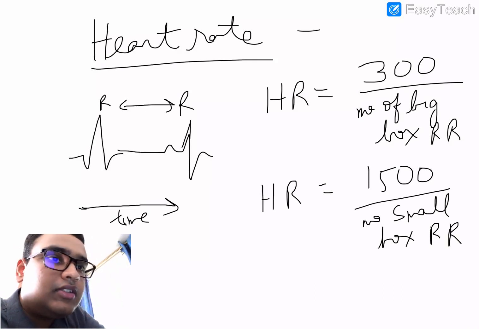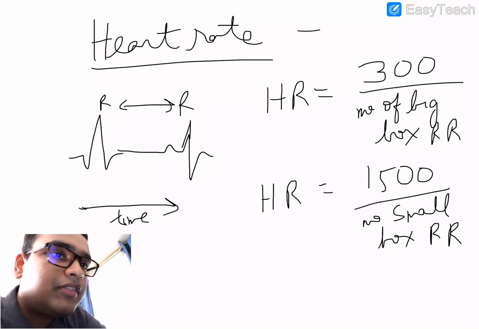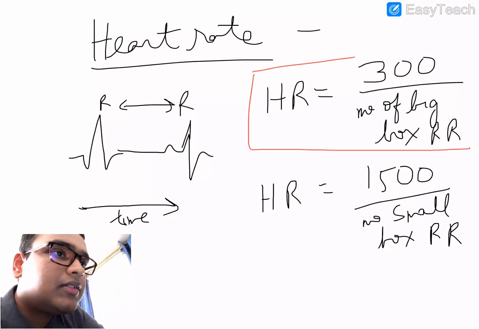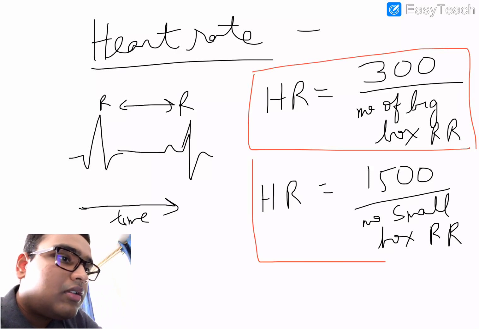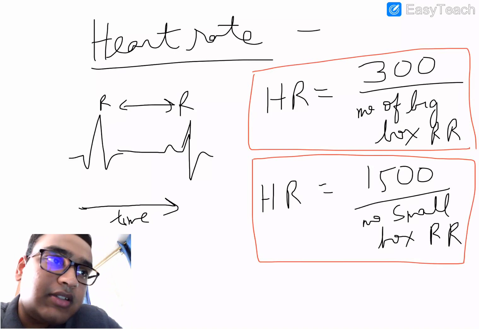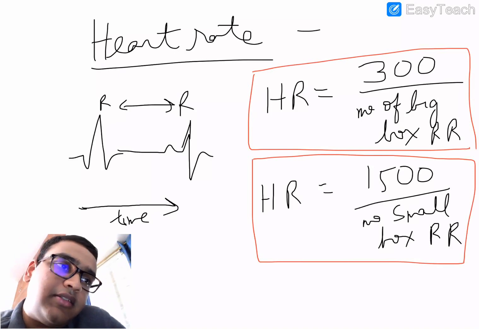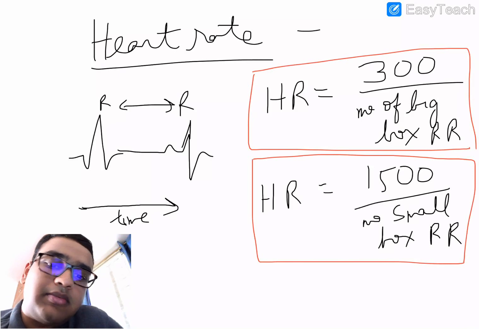So these two are the important formulas to calculate heart rate. Heart rate is 300 divided by the number of big boxes between two RR intervals, or it can also be 1500 divided by the number of small boxes between RR intervals.